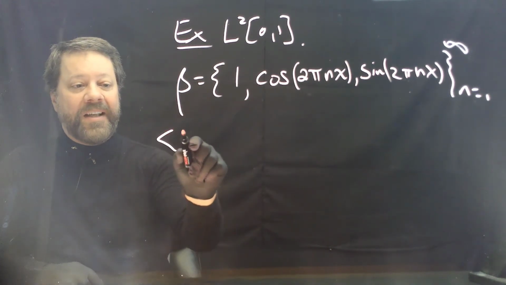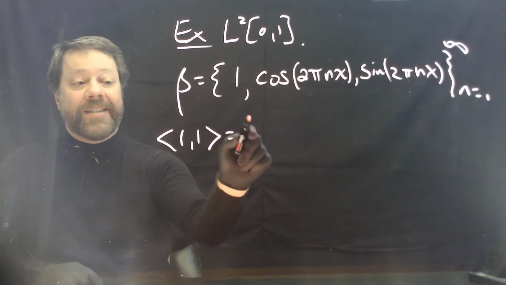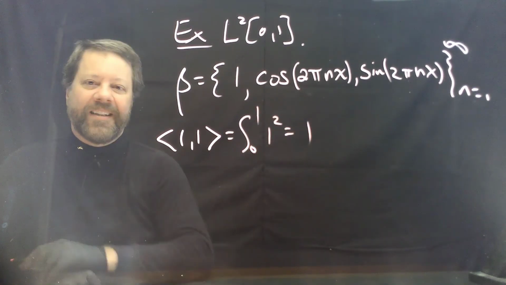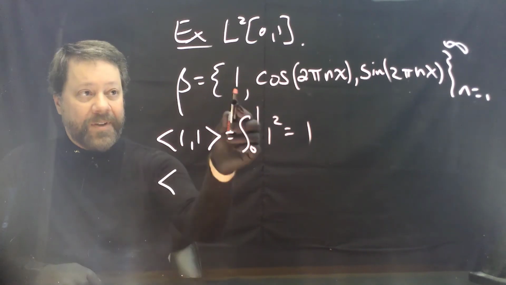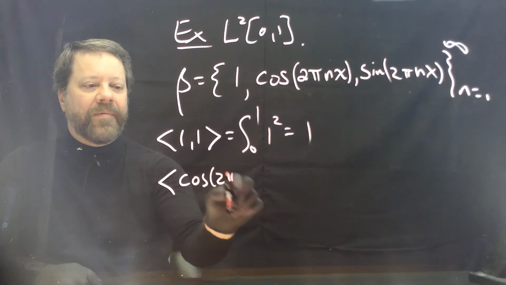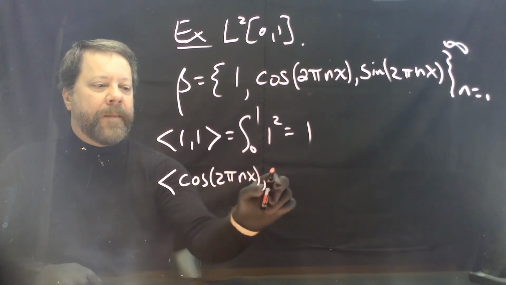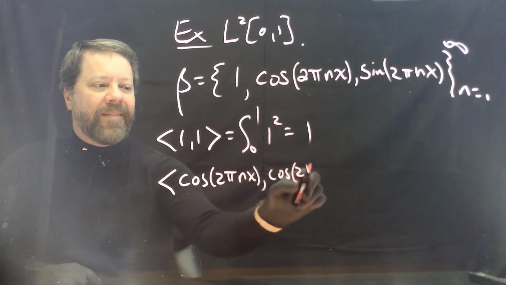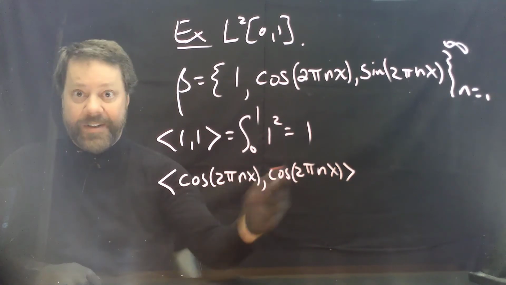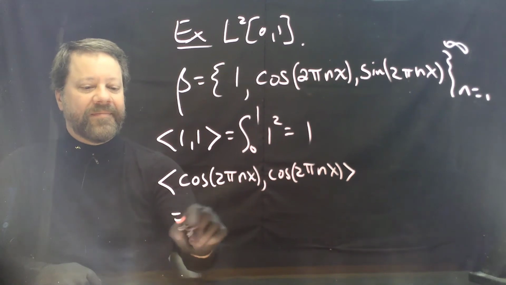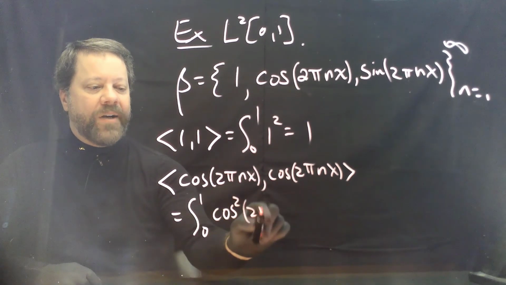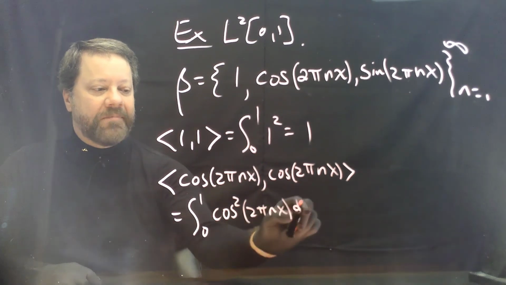So, what is the inner product of 1 with 1? That one's easy. You'll get 1. So this one's normalized. What about the others? We're only interested in the case where these n's are the same in this case. Cosine squared 2 pi nx is the integrand this time.